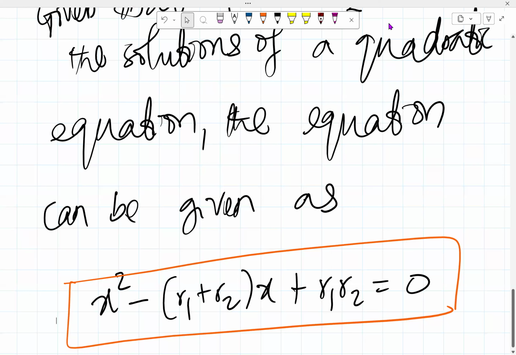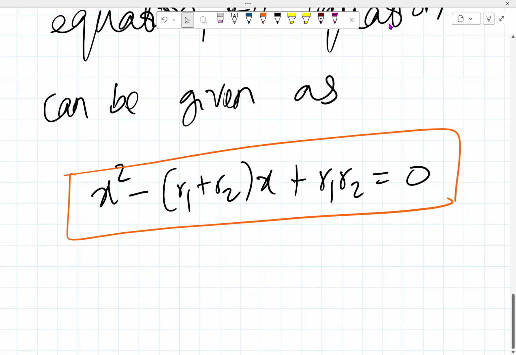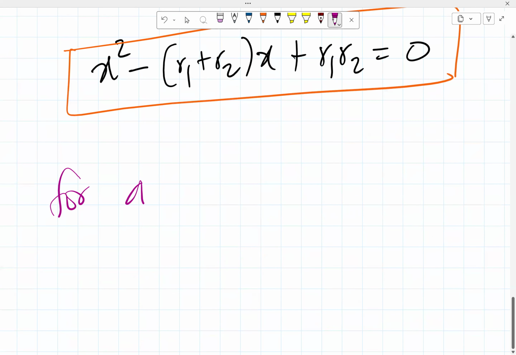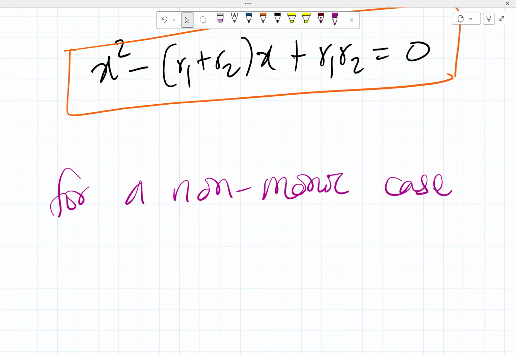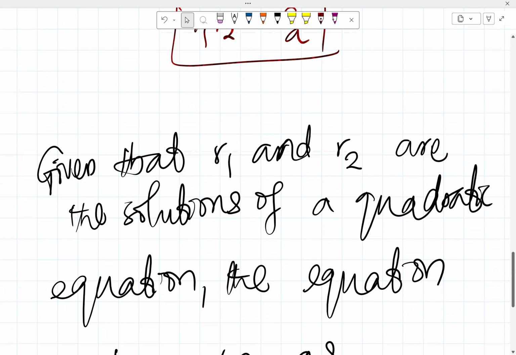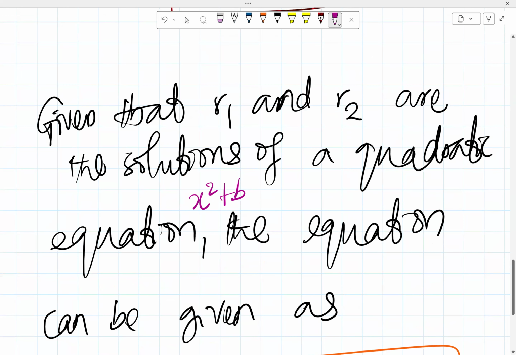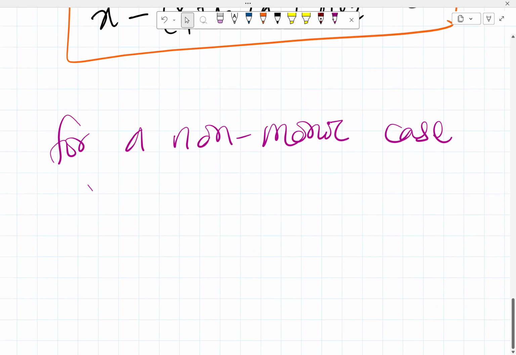Okay, I can just finish that up and say that for a non-monic case, given that R1 and R2 are the solutions of a quadratic equation, here it has to be ax squared plus bx plus c equals 0.